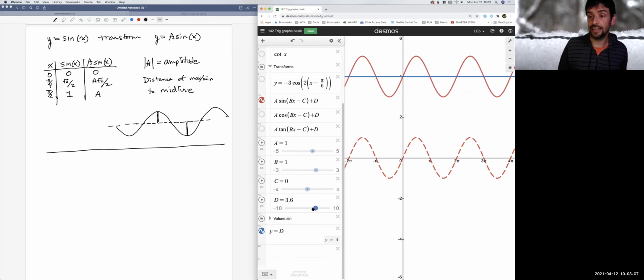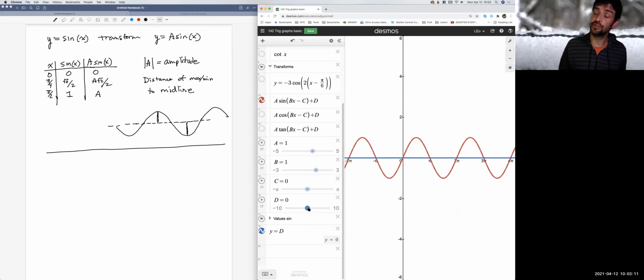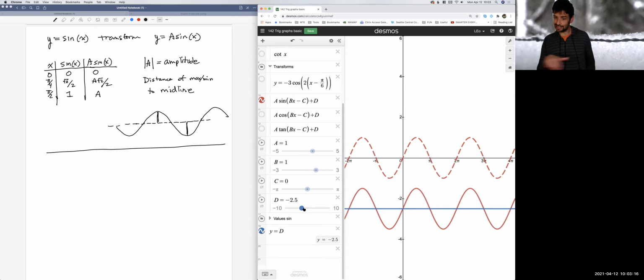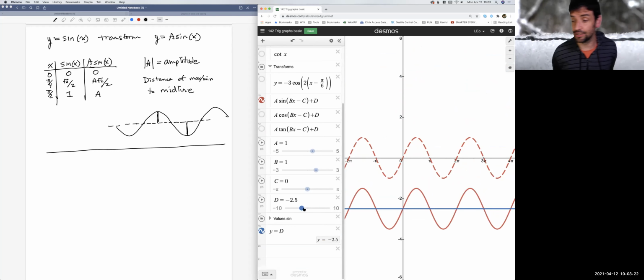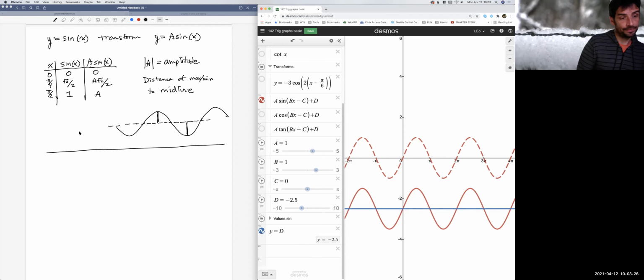Notice that line is always in the middle. When D is equal to 0, that was our x-axis, but as we shift, that line always splits this graph in half vertically, right? Those little mounds on top are exactly the same size as the little mounds on the bottom. This line is our midline.